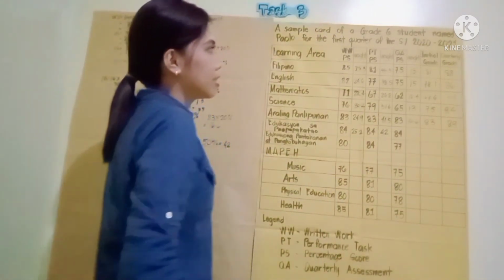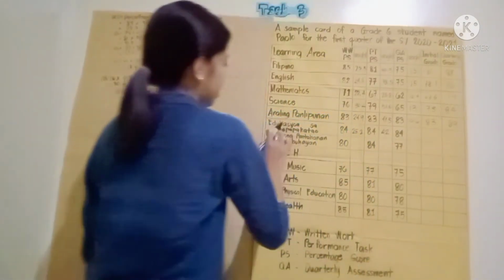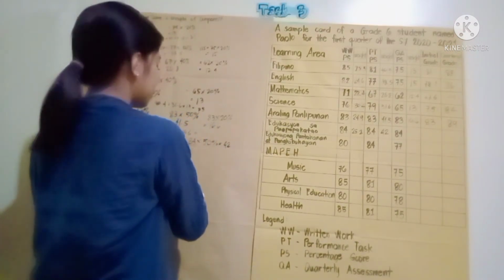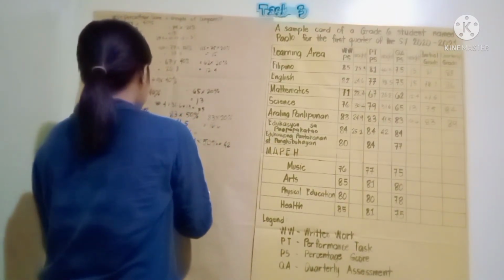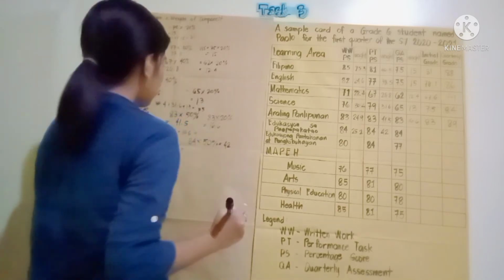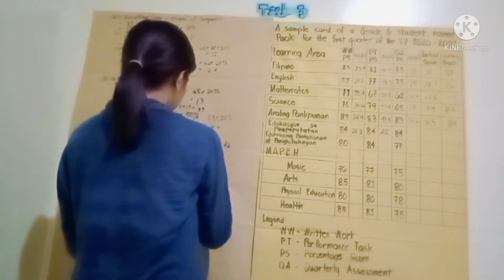42 is the weighted score for the performance task in ESP. For the quarterly assessment, 84 times 20% is equal to 16.8.